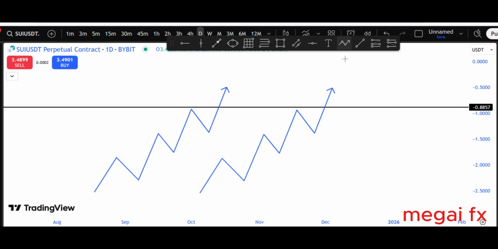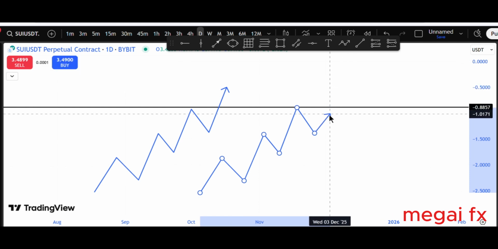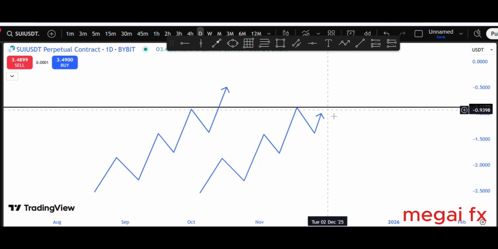So if on getting to this place, one of them breaks and the other fails to break, you know that this is not a break of structure, it's just a market liquidity sweep. So using SMT divergence, with two assets that are positively or negatively correlated, you can spot whether a break is a valid break or a liquidity sweep.